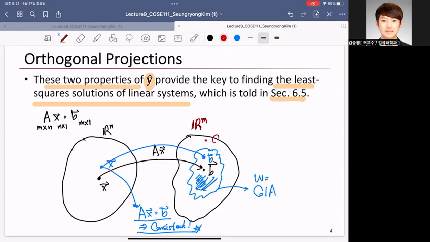Maybe here, most vectors c, an arbitrary vector c, are not in the column space. It means that most equations Ax equals c do not have any solution, any corresponding vector x in Rn space. So in this case, we call Ax equals c inconsistent.